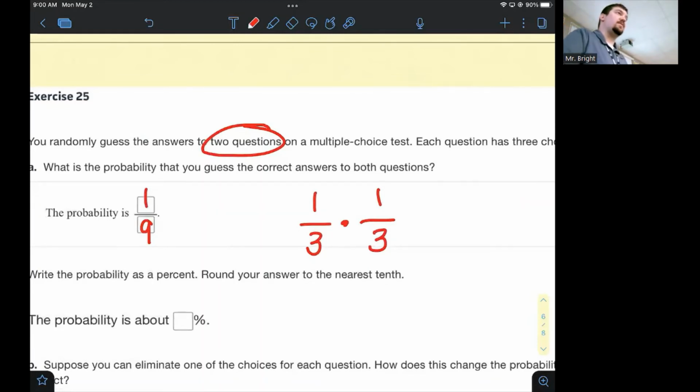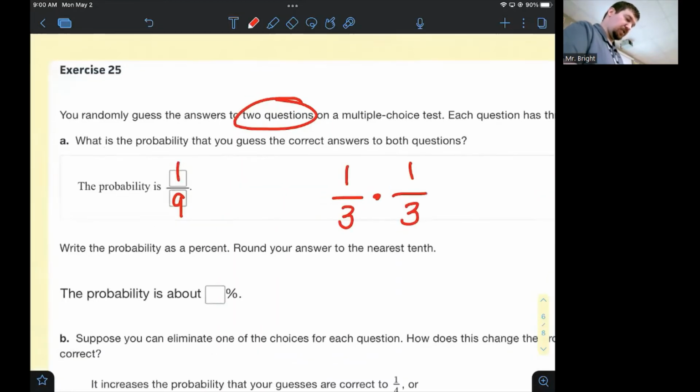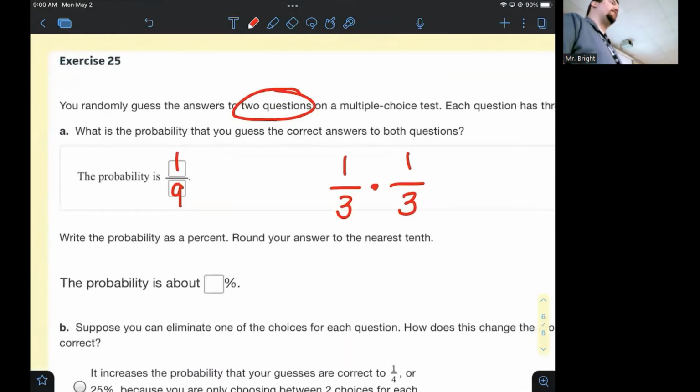In fact, 1/9 as a percent, which is our next thing we're going to do, to turn a fraction to a percent, you have to do what, Frank? Divide. Frank, will you do 1 divided by 9, please? 0.1 repeating. Okay, so we're going to move the decimal over twice because that's what you do to change it to percent. What do I fill in with that empty blank right there?